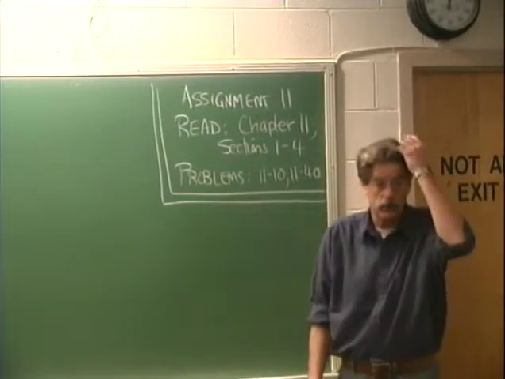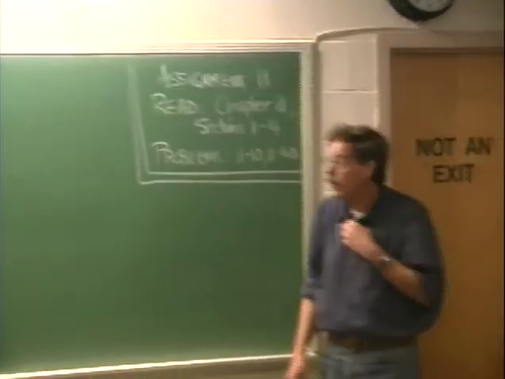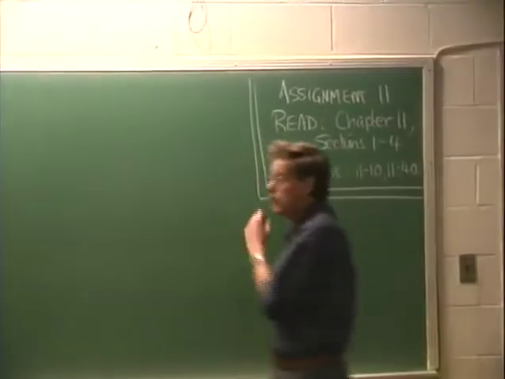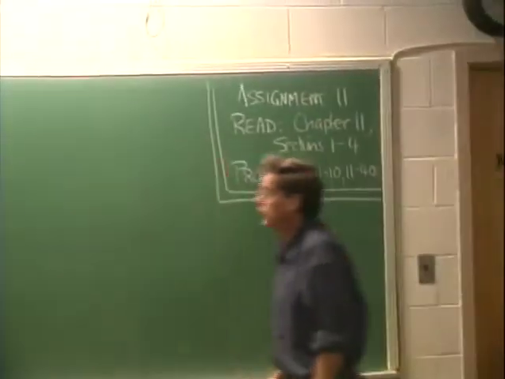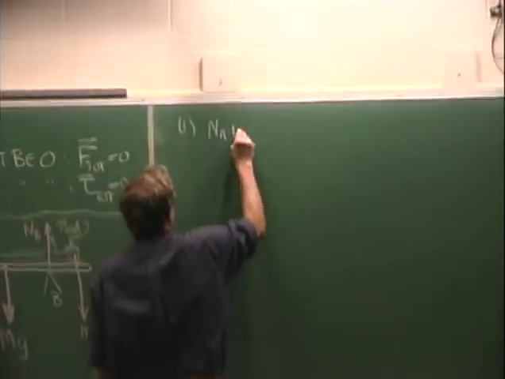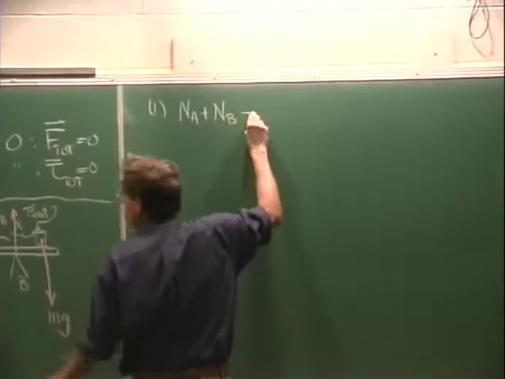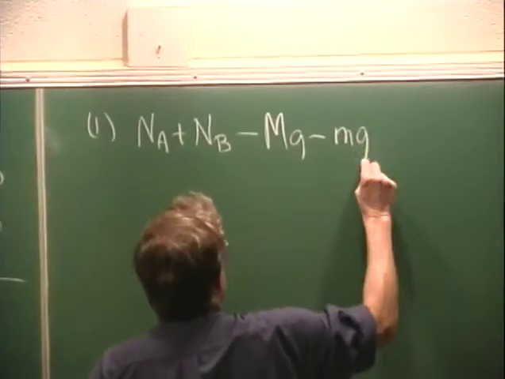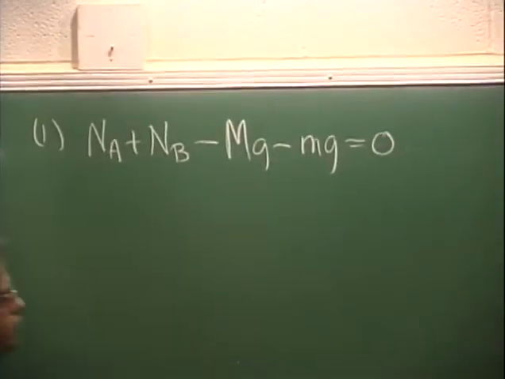Maybe it's going to be useful information, maybe it's not. As it turns out, very often the torque equation delivers much more information than the force equation. So, what do we have? The total forces must be equal to 0. So I've got NA plus NB minus Mg minus little mg is equal to 0.